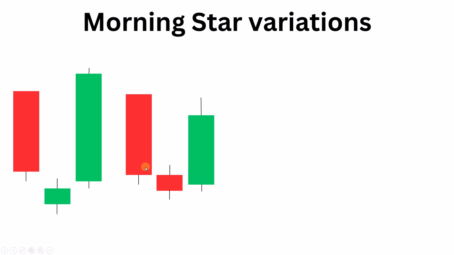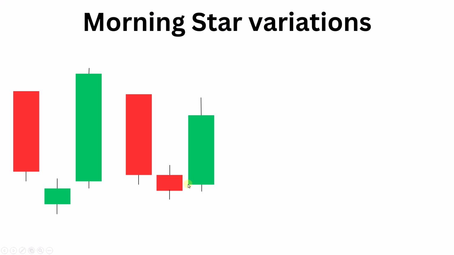Here we have a big red candle, which is good. Here we have a red candle, which is good, but then the second candle has opened at the same level as the closing of the first candle, which is not what we wanted. We wanted a gap between the opening of the second candle and the close of the first candle, which did not happen here. The third candle is a big green candle and it has closed above the midpoint of the red candle, but it has not opened with a gap.